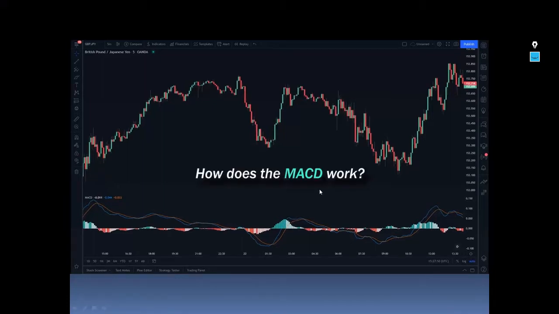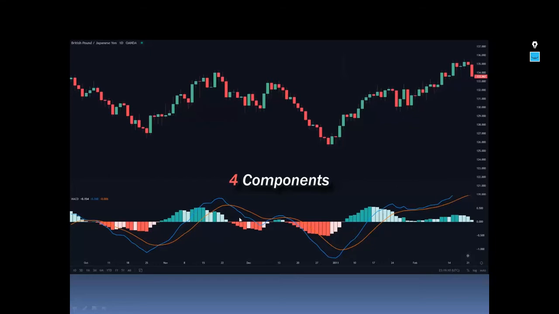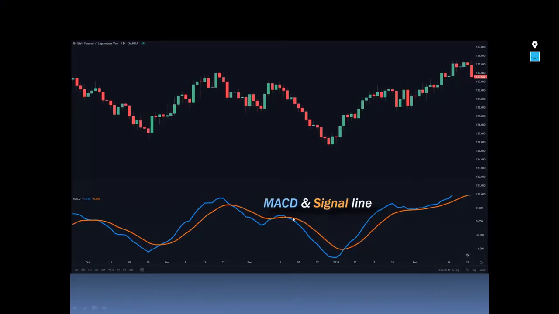Okay, now the question is, how does it work? As I said, there are four components here. What are the components? We have two lines, the MACD line and the signal line. So this is the signal line, and this is the MACD line.